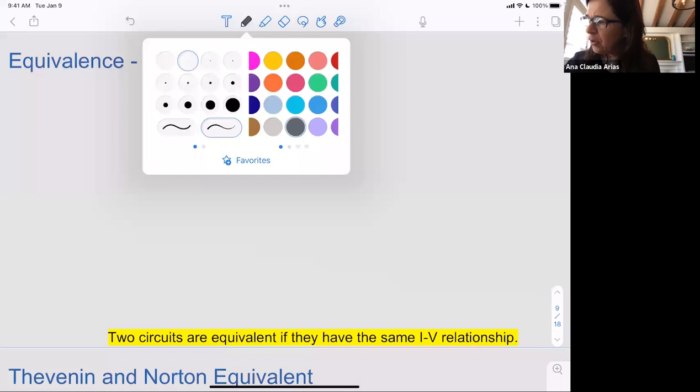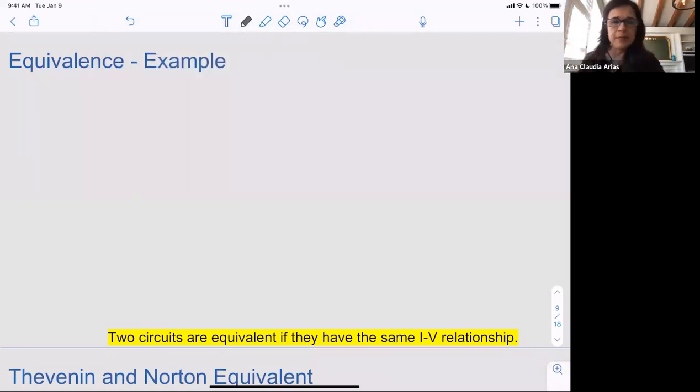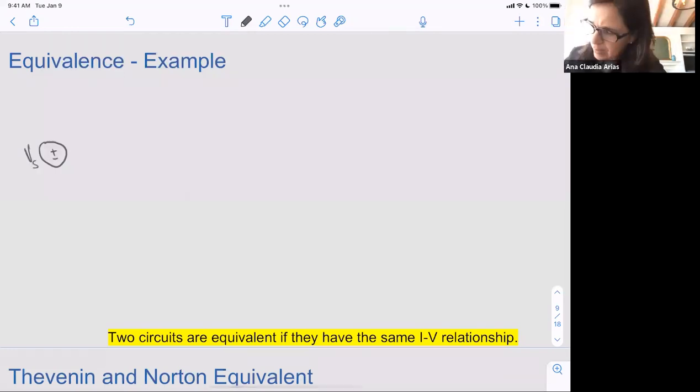Okay, so I will draw a circuit here and we are going to do the analysis, a simple one. So let's say we have our voltage source, good old voltage source Vs. I'll connect it to a resistor.